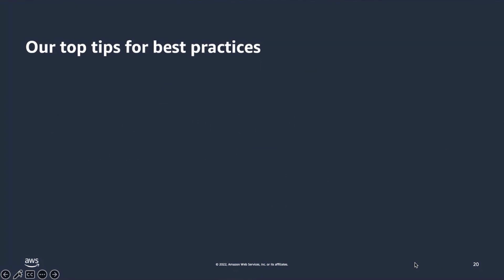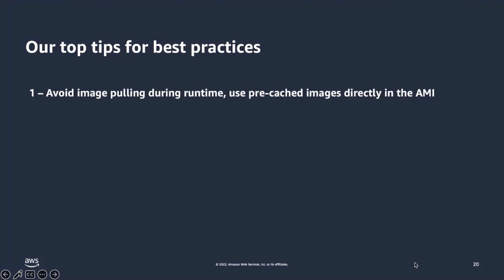Now, let's talk about our top tips for best practice. The first one is to avoid image pulling during runtime. What that means is you can use a pre-cache image strategy directly within your AMI.